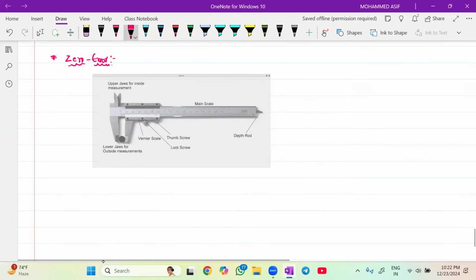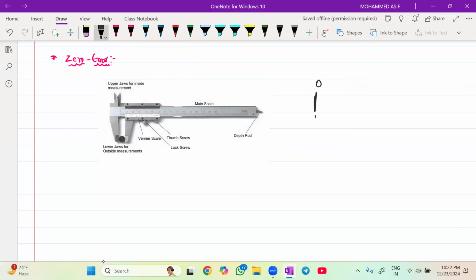Got it? Now see, what do you mean by zero error? In between these lower two jaws, there is some object kept. When there is no object between the jaws, if the zero of the Vernier scale is coinciding with the zero of the main scale, that means it has zero error. What do you mean by this one? I'm telling you, zero of the main scale is coinciding with the zero of the Vernier scale. Down one is known as Vernier scale, and this one is your main scale division.